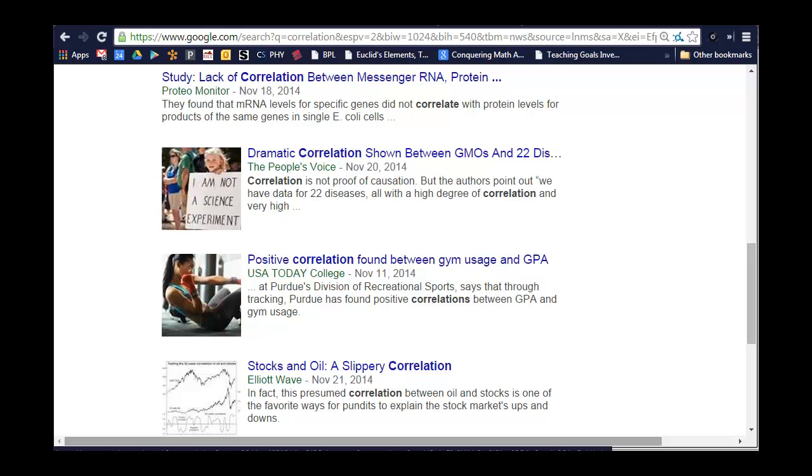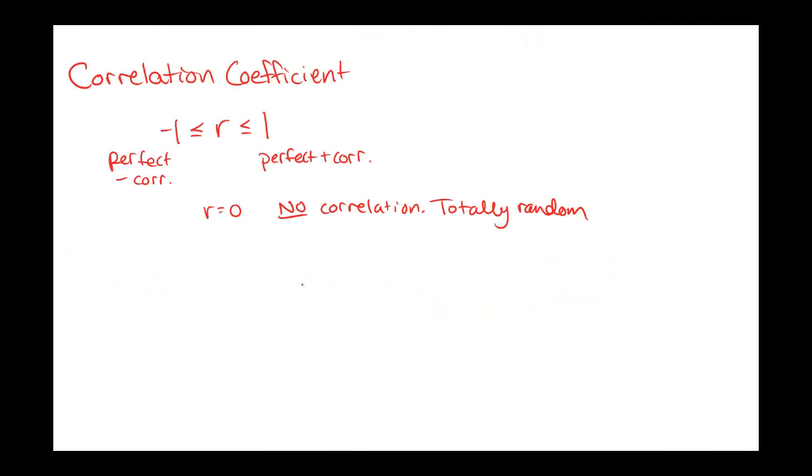And the main piece of information we're interested in this section is this correlation coefficient, which is R. Like I've already mentioned, R is a number that ranges between -1 and 1, -1 and 1 being perfect correlation, either positive or negative. And if R equals 0 right in the center, there's absolutely no correlation.